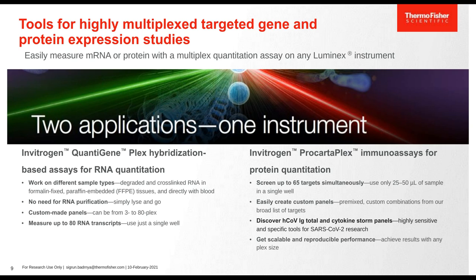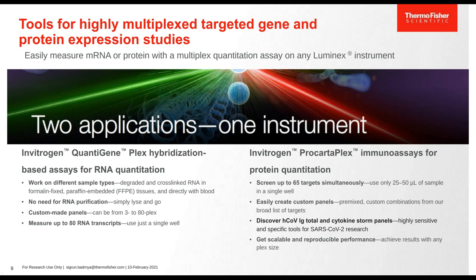In fact, one instrument platform enables analysis of multiple RNA or protein targets in the sample of interest, thereby providing a comprehensive analysis solution for the transcriptional and the proteomic level.